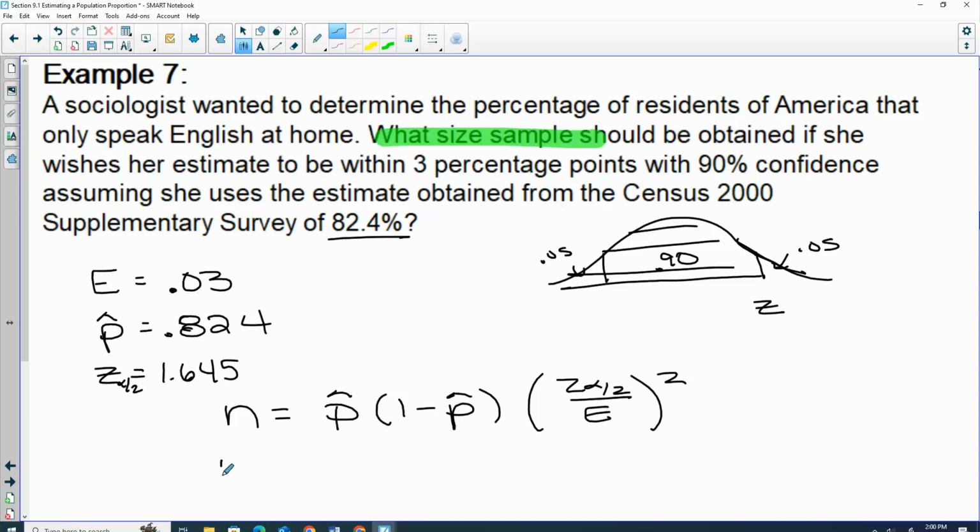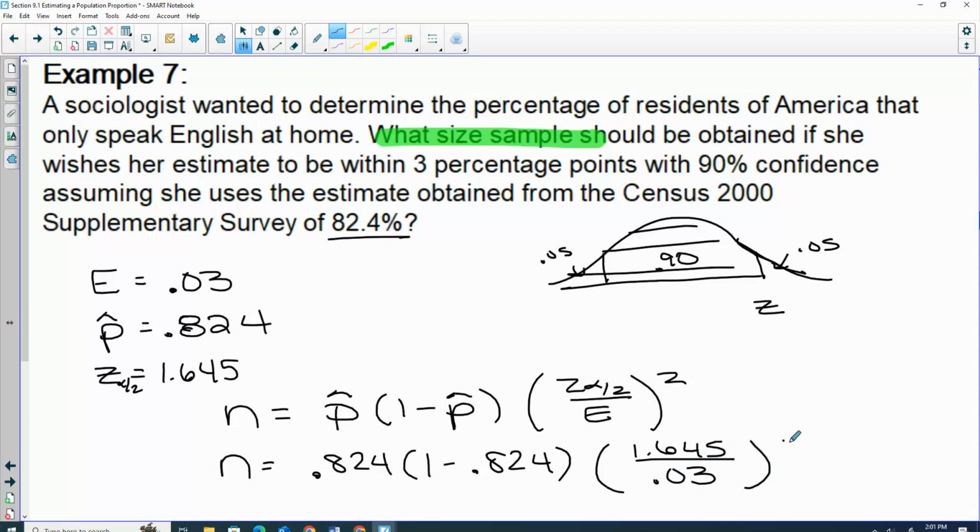So now we plug this in. P hat 0.824 times 1 minus 0.824 times z alpha over 2, 1.645, divided by the error 0.03 squared. And I'm just putting all of this in my calculator.